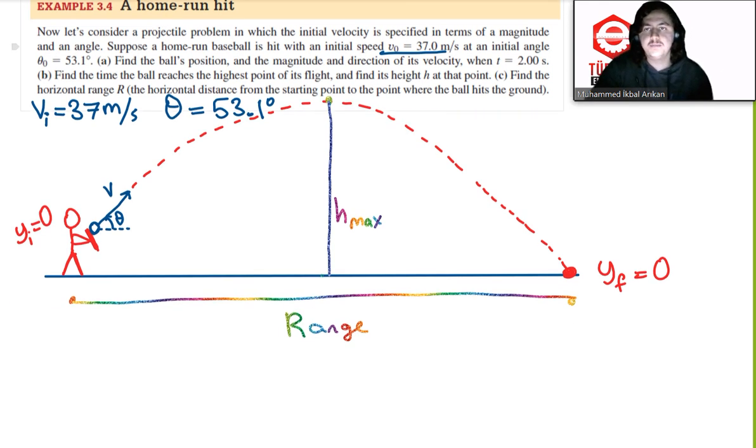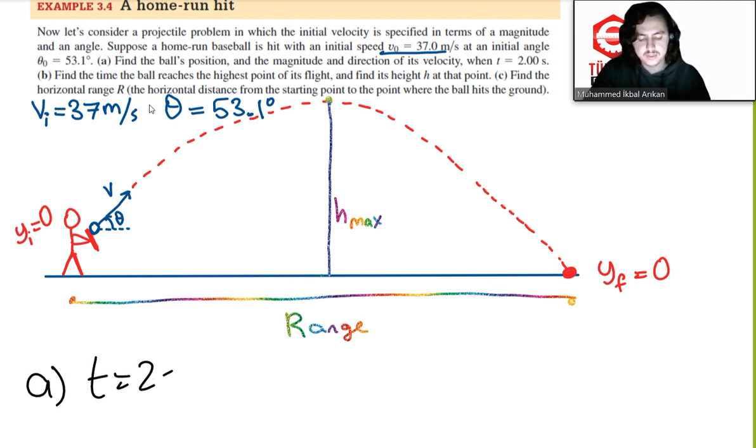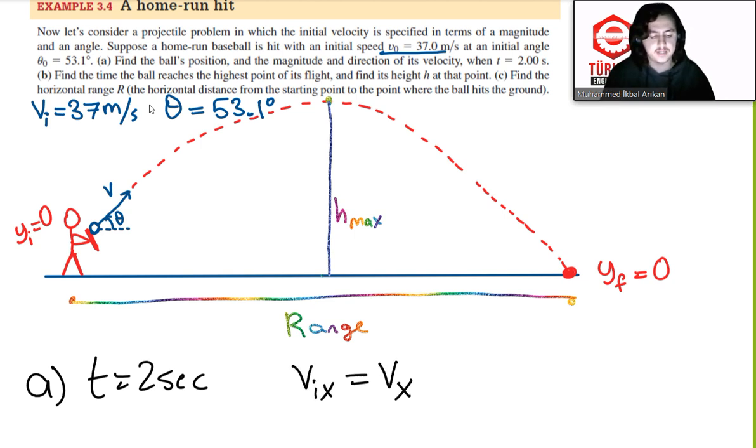Let's start with part A. I must solve for part A. When time equals 2 seconds, find the velocity components. Actually, the initial velocity in x will be equal to the final velocity in x. It's always. So you can say that our Vx when time equals 2 seconds will be V cosine theta.